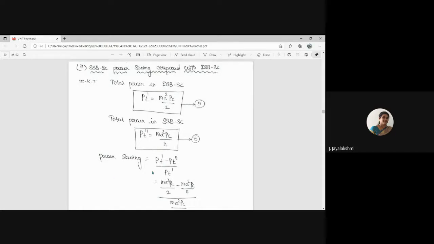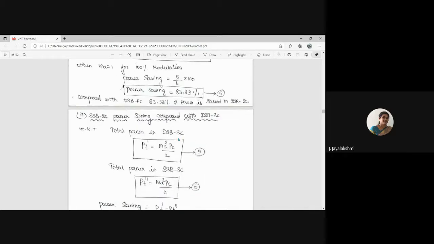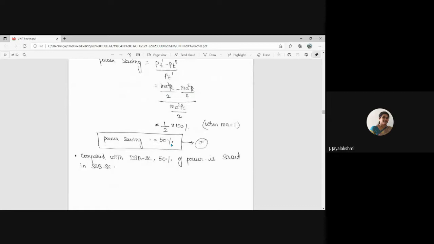Transmitting two sidebands requires more power, so the efficiency is poorer. Substituting both powers, the double sideband power minus the single sideband power, divided by the double sideband power, gives a power saving between these two scenarios of 50%. You are going to save up to 50% of the power.